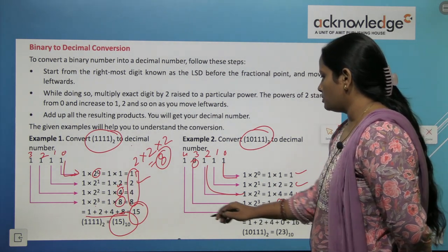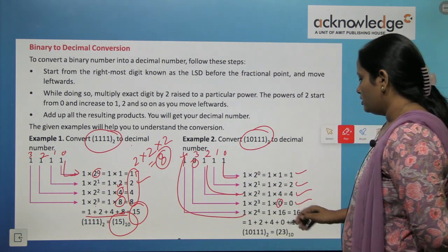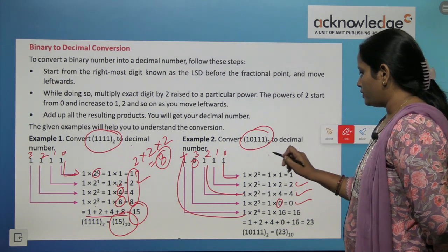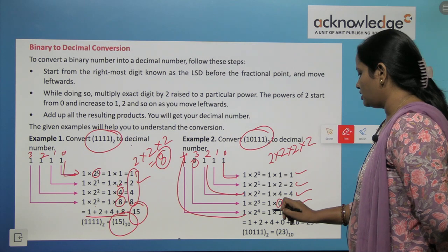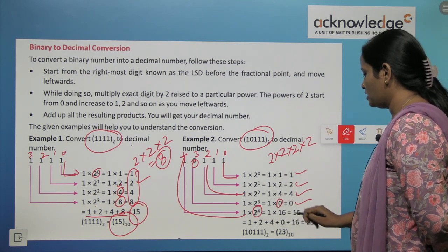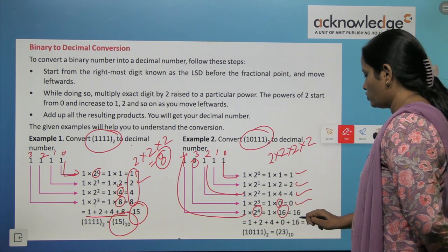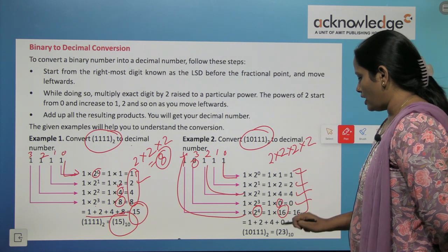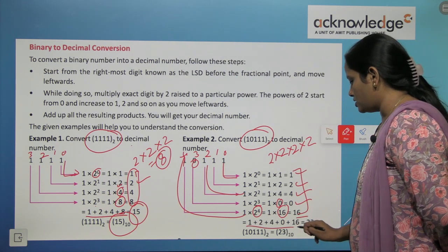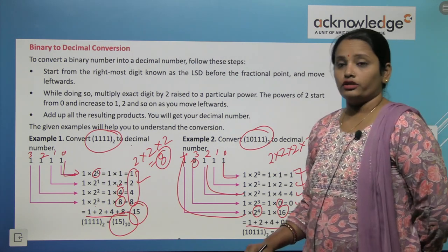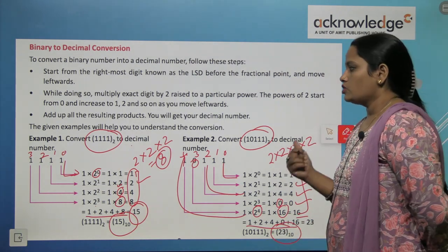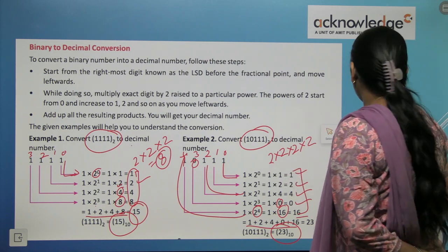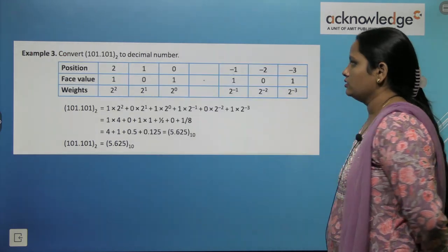Again this number is multiplied to 4. Now we have multiplied 2 four times, and the answer is 16. So we are getting this answer. We have to add these numbers written here and then we have got the result 23 to the base 10. So this was how we can convert binary to decimal.